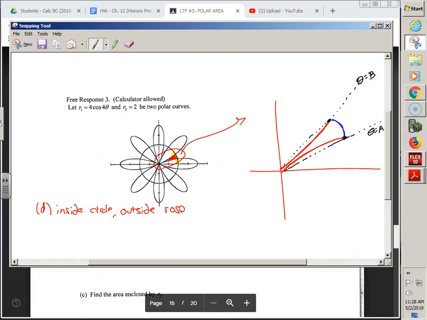Just use the intersections in function mode, and it's the first two as far as that region. I'm just going to multiply once I find it by however many of these slivers there are. But as far as the area, if I go to blue, do you see how it's going to be too much?